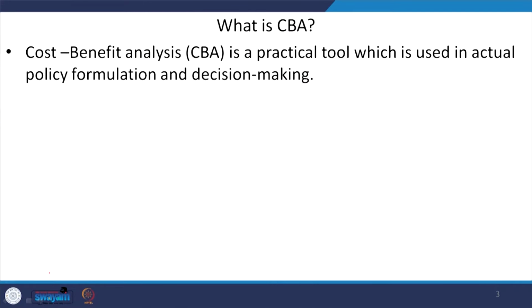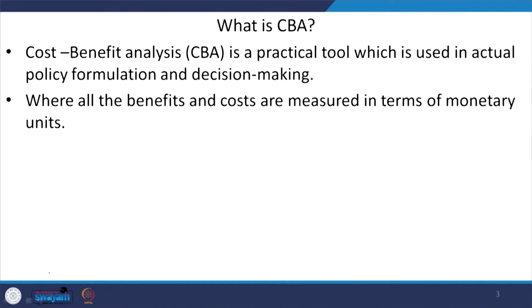Cost benefit analysis is a tool that is helpful in appraising a particular policy, and it helps in policy formulation and making the right kind of decisions. We say this because it takes into account all the benefits and costs that will be incurred from a particular policy or project.